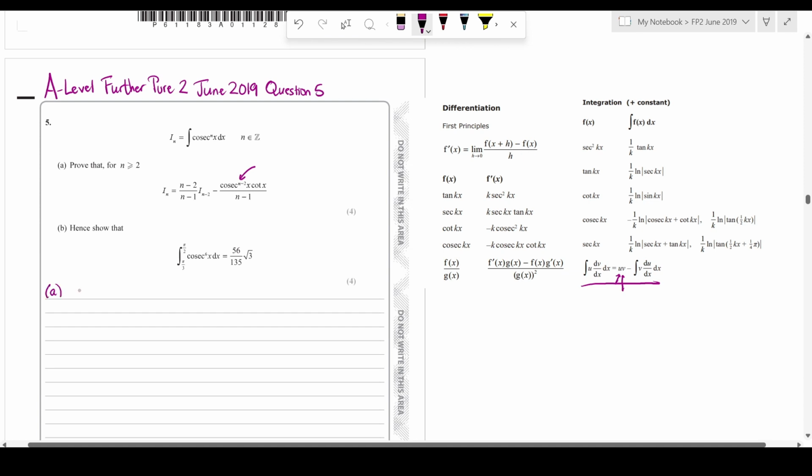So let's say we're going to rewrite the integral. I'm going to rewrite I_n as the integral of cosec to the n minus 2 of x times cosec squared of x.